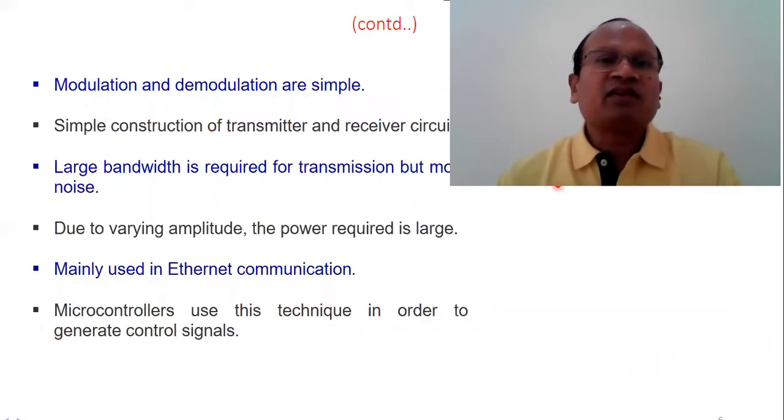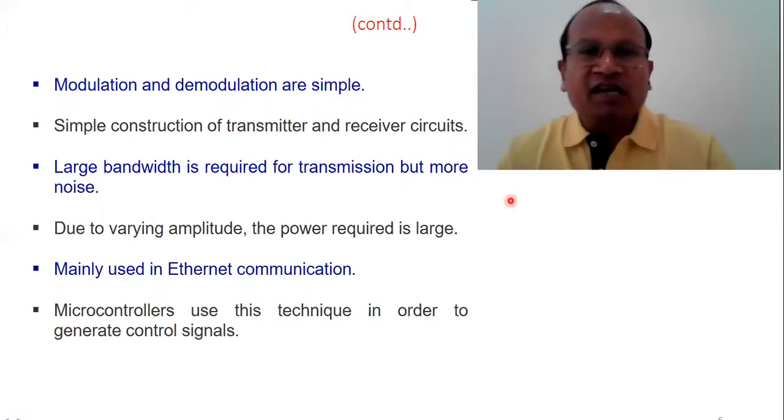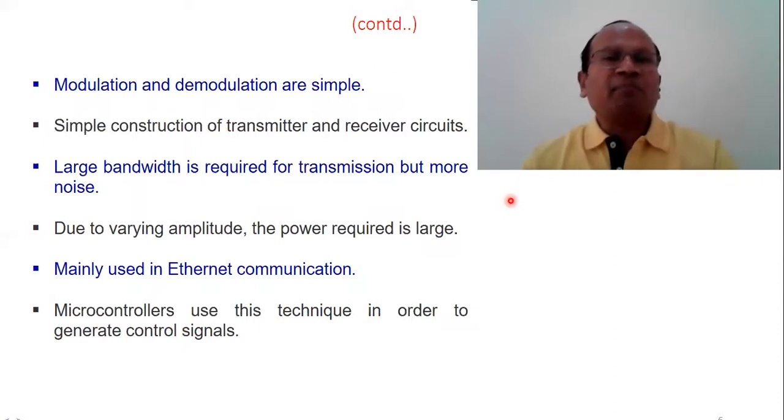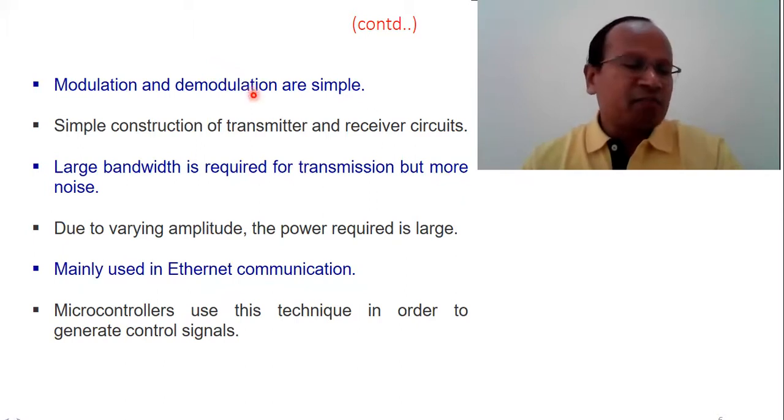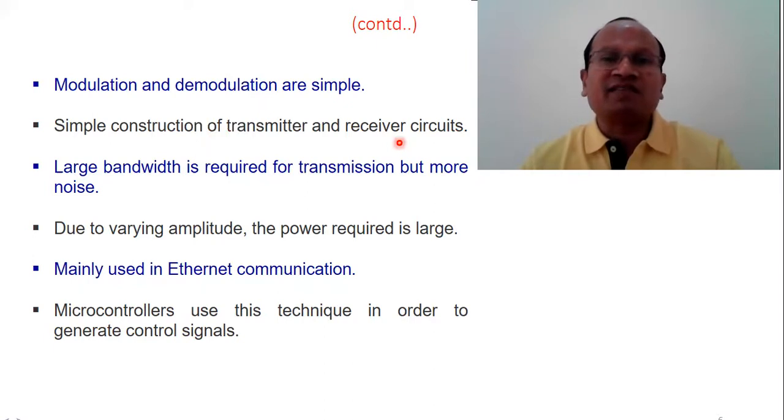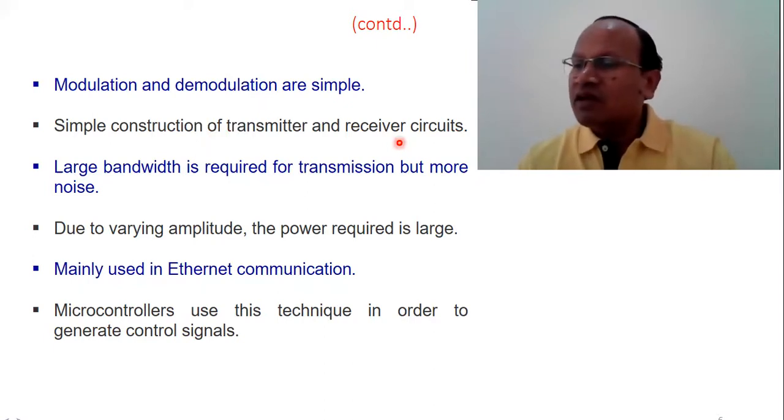All right. Since we are introducing all the modulation methods individually, about PAM: modulation and demodulation are not complex. They are simple. Simple construction of transmitter and receiver circuits. They are not difficult.